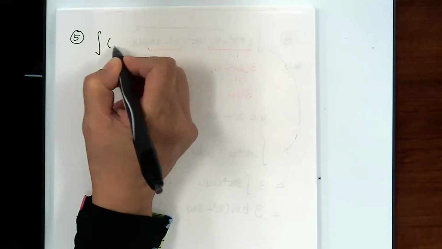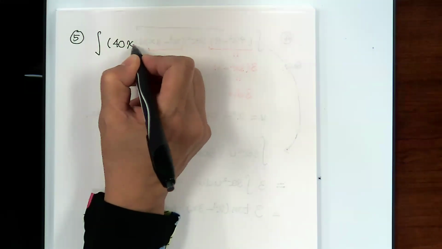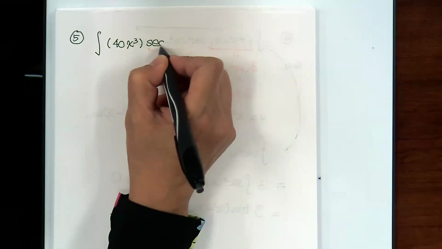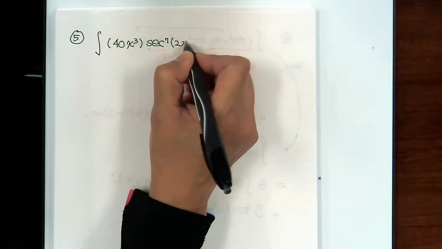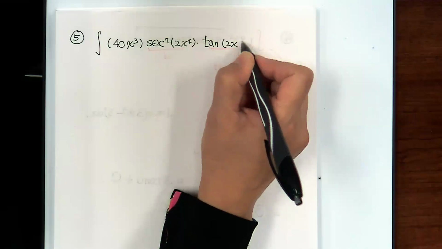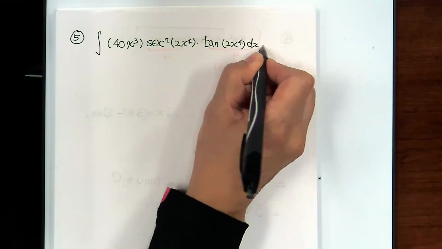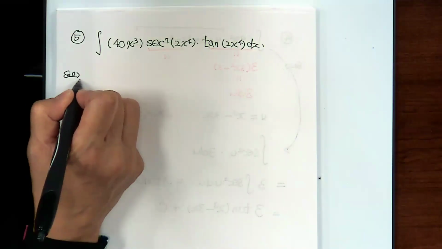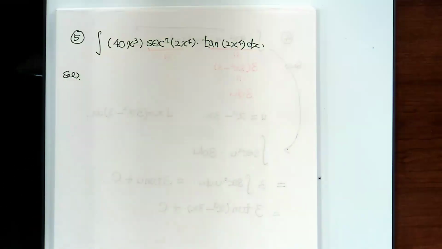The next one is the integration of 40x cubed times secant to the 7th power of 2x to the 4th power times tangent of 2x to the 4th power dx. There are 3 functions multiplied together.